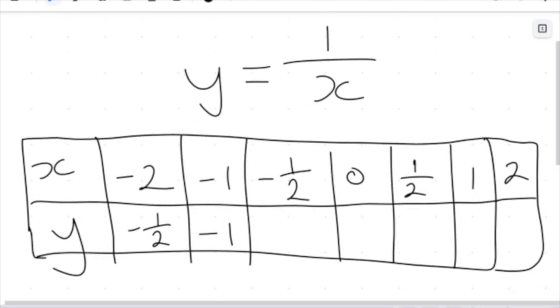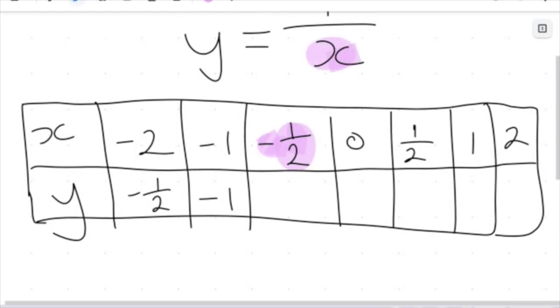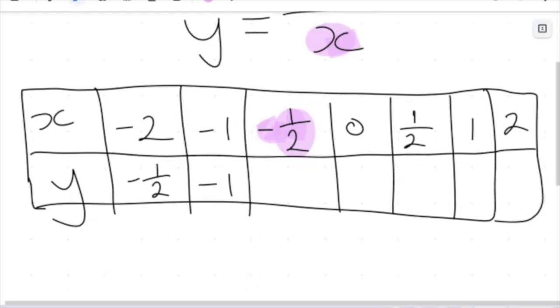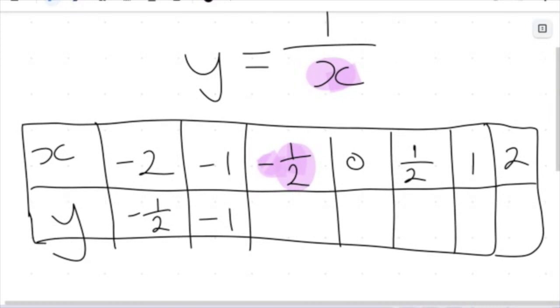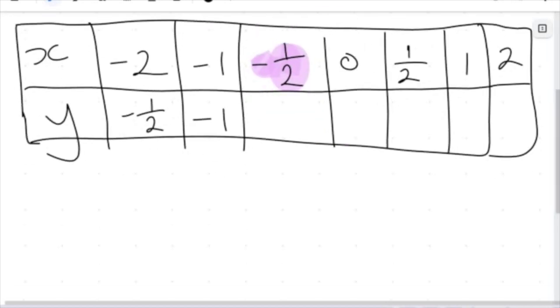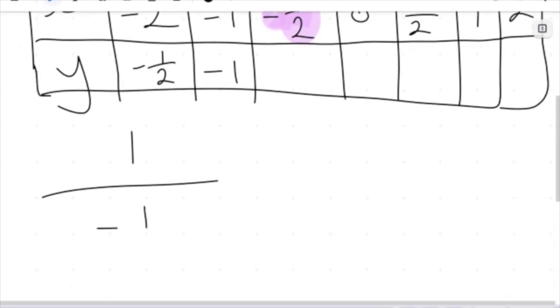Now substituting in this is where it starts getting a little weird. So -1/2, I'm substituting that into here. So let's actually look at what that would look like if I just drew this in. And then we'll see why this kind of looks a bit weird. So this is like saying 1 over -1/2.